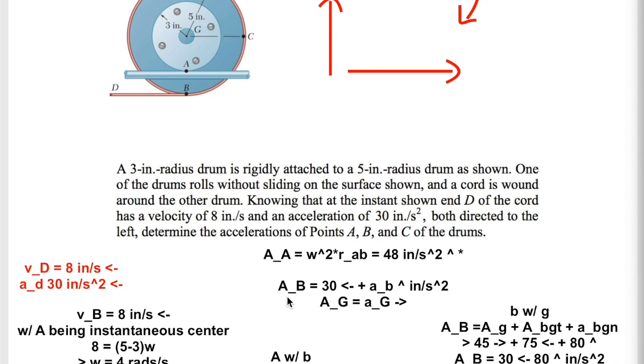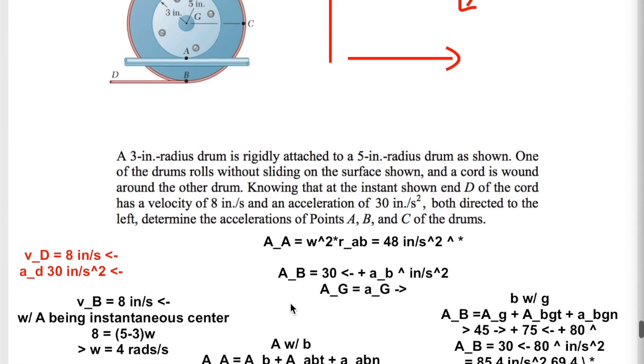Then for the acceleration of B, we know it has 30 inches per second squared to the left, but we need to find the vertical component, and the acceleration of G is going to the right to match the spinning of the wheel.